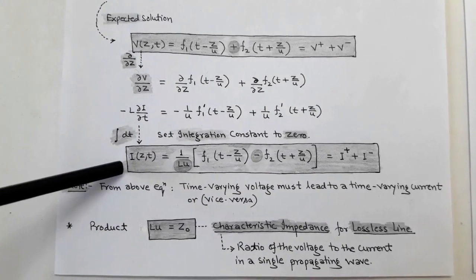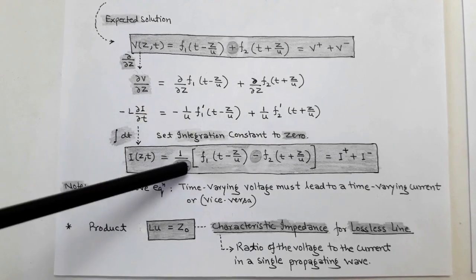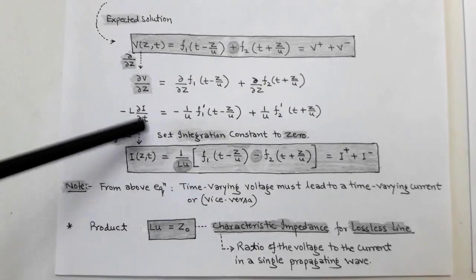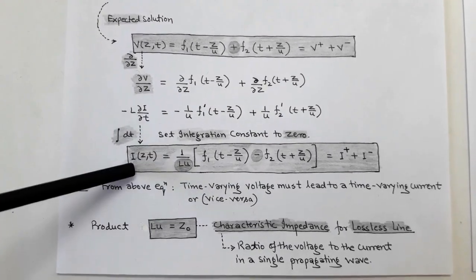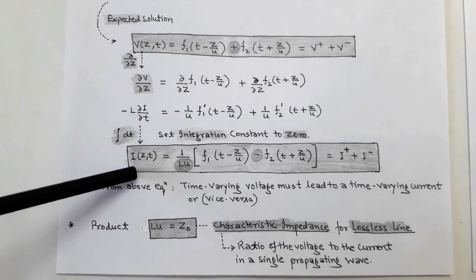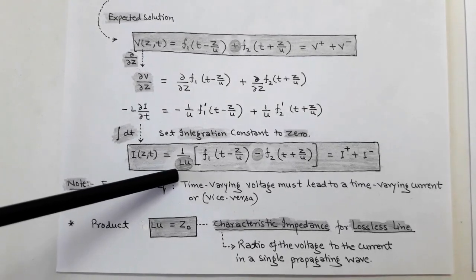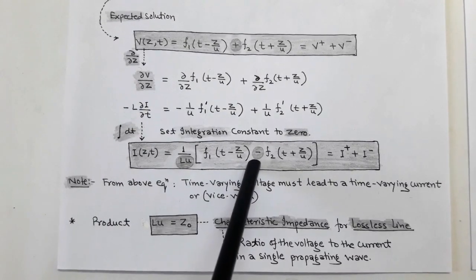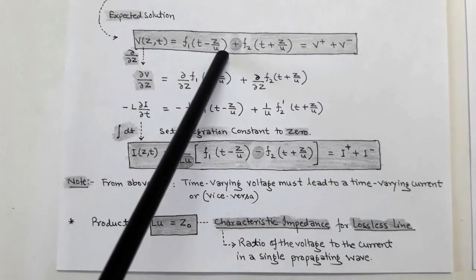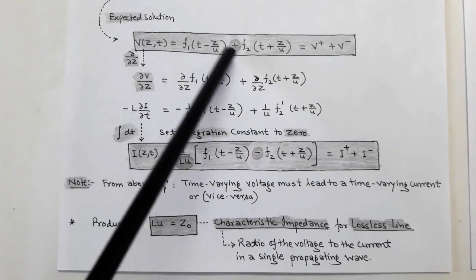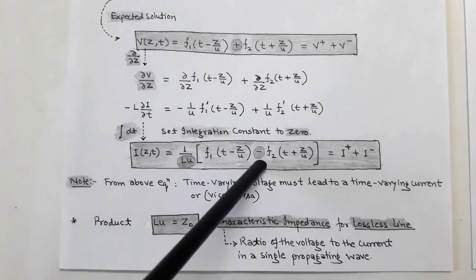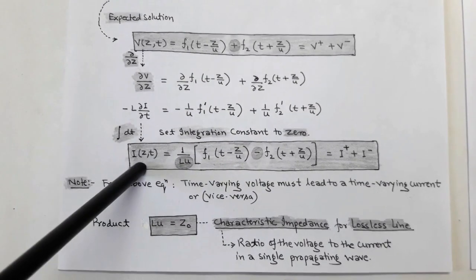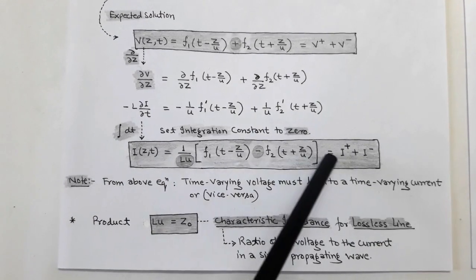For this we take minus L to the right side. We get current I(Z, T) equals 1 upon L u within bracket f1 (t minus z upon u) minus f2 (t plus z upon u). Here we get the current equation, a function of current.